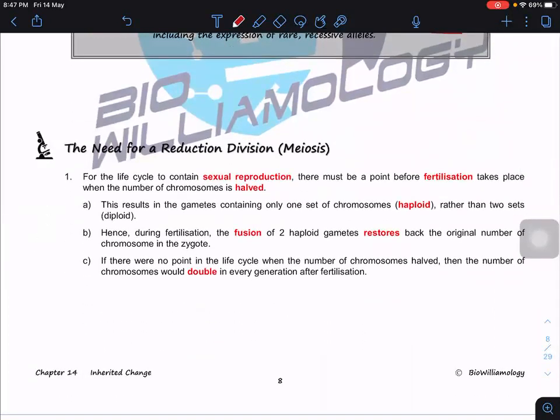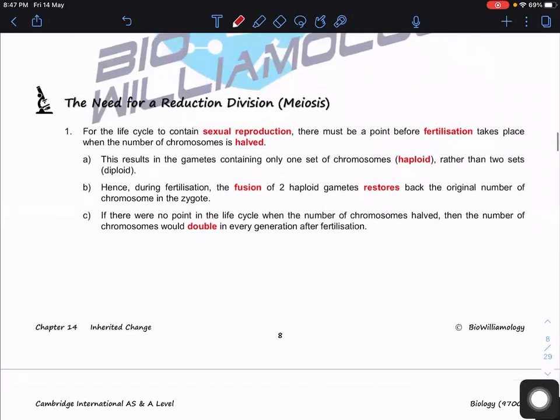Two things we always talk about. Summarized here, sometimes the question will be 3 marks or 2 marks, asking about the need for reduction division. First thing, we want to reduce. Reduce what?